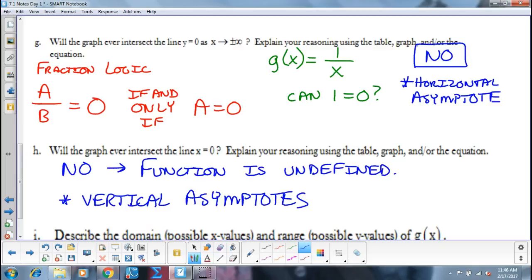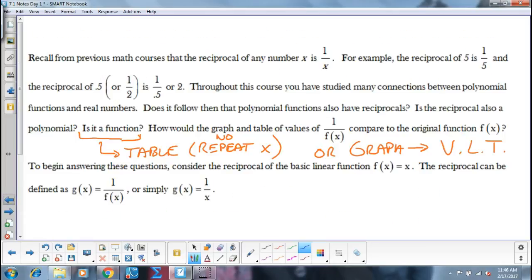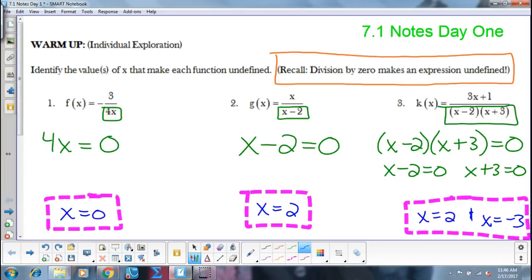If I go back to the warm-up problems, number 1's function right here has a vertical asymptote at x equals 0 because the function doesn't exist if you plug in 0. Number 2 has a vertical asymptote at x equals 2 because that function is undefined if you try and plug in 2. Number 3 has 2 vertical asymptotes, one at x equals 2, one at x equals -3, because the function is undefined at those points.